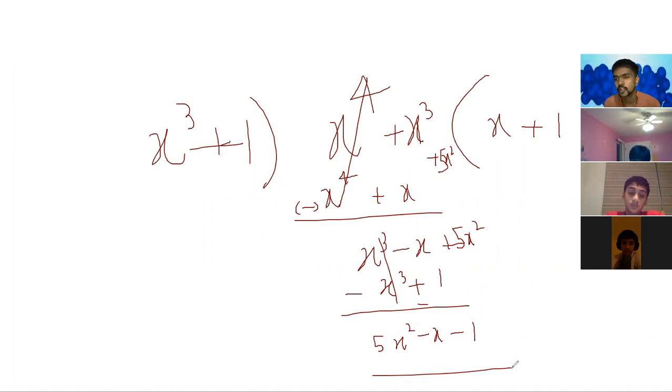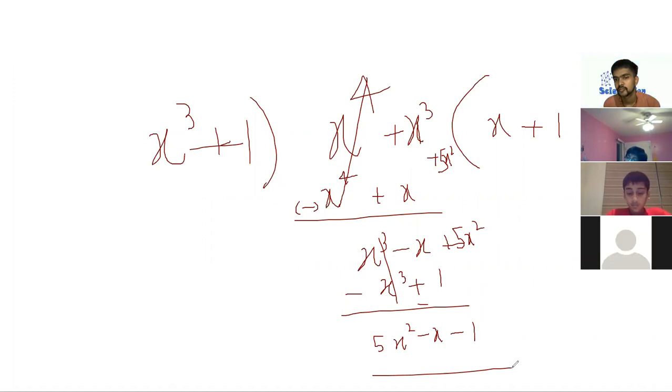You're getting an x squared term, right? Where did the 5x squared come from? You can't fit that giant x cubed into a tinier x squared or x. Exactly. So in your remainder, you expect to see an x squared.